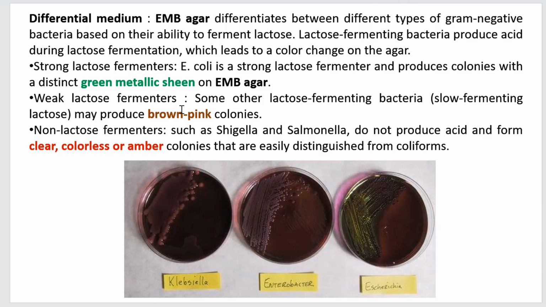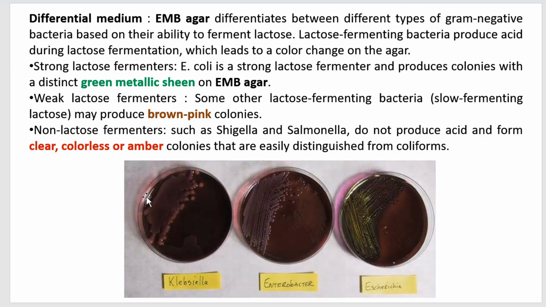Then we have weak lactose fermenters that ferment lactose slowly and produce brown or pink colonies. Here they are brown or pink. And then we have the non-lactose fermenters such as Shigella, Salmonella, and Enterobacter, as shown here. They do not produce acid and they form clear, colorless, or amber colonies that can be distinguished from the other ones.